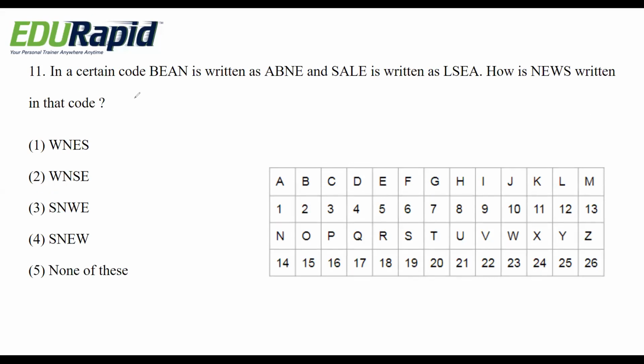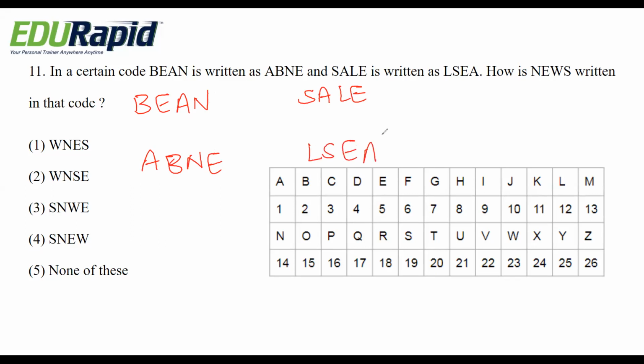So here BEAN is written as ABNE. Also SALE is written as LSEA. NEWS is written as what?